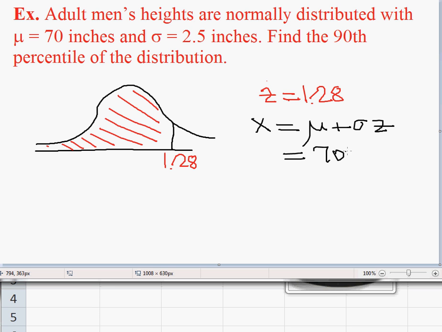So 70 plus 1.28 times 2.5, and that works out to be 73.2 inches. So this problem illustrates how to do a percentile problem using the normal distribution.